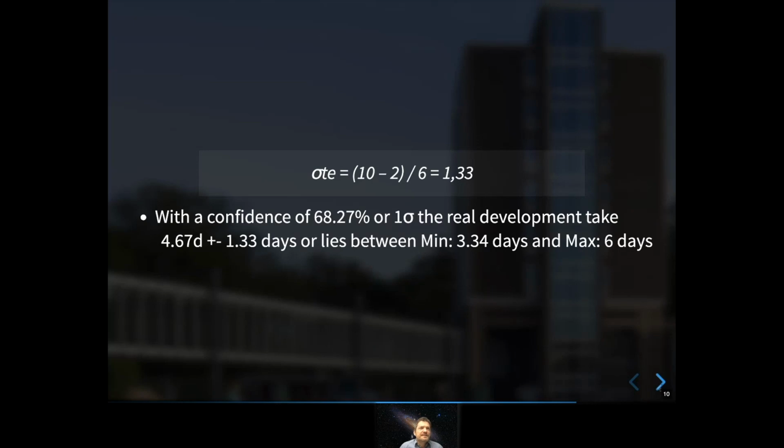And by having this number, let's calculate it. So 10 minus 2 divided through 6, and we have 1.33 days. So what does this say now? And you see it later on. This now tells us that with a confidence of nearly 86.27%, or you say 1 sigma, the real development takes place between 4.67 days plus minus 1.33 days.